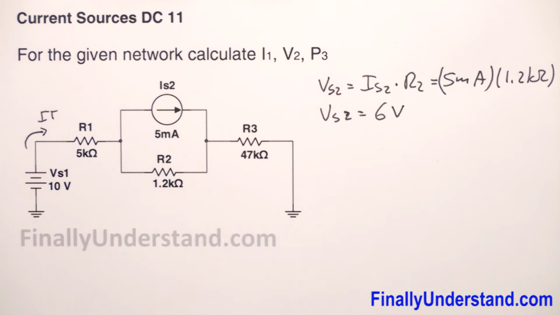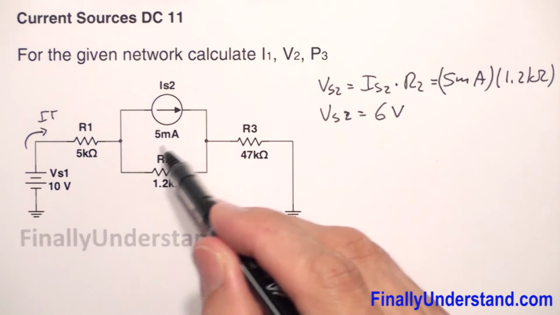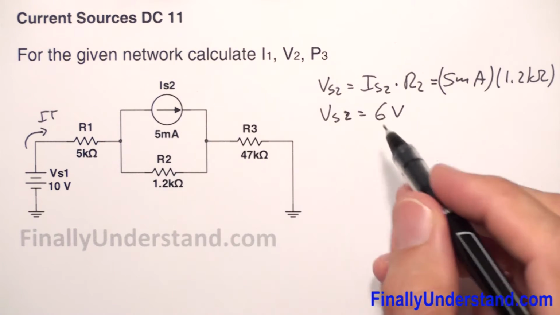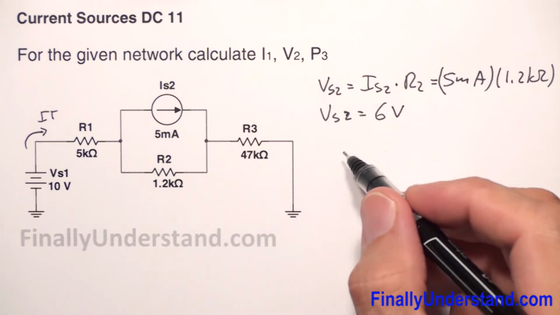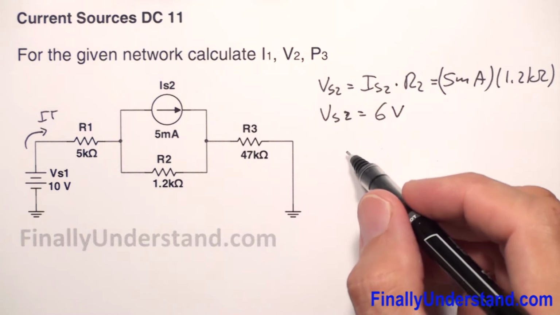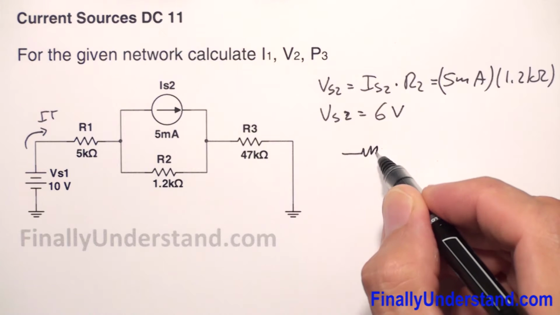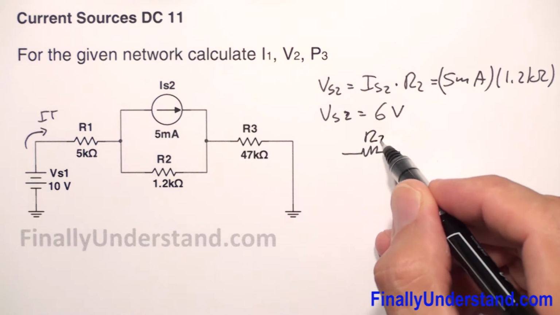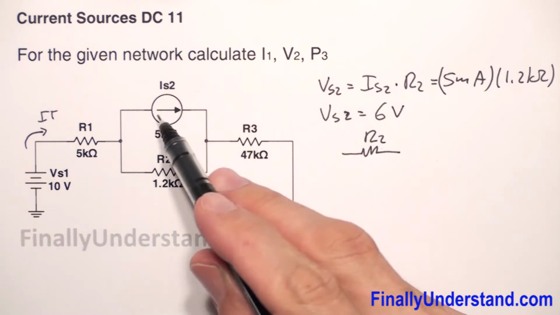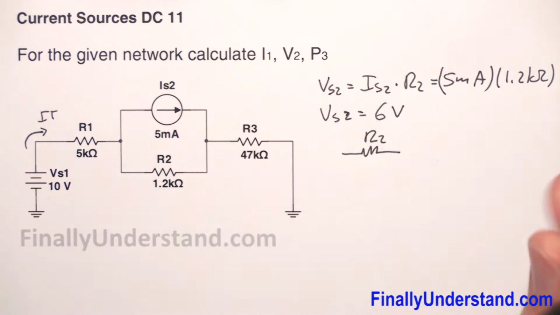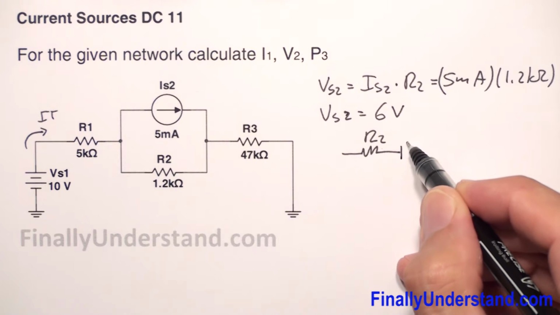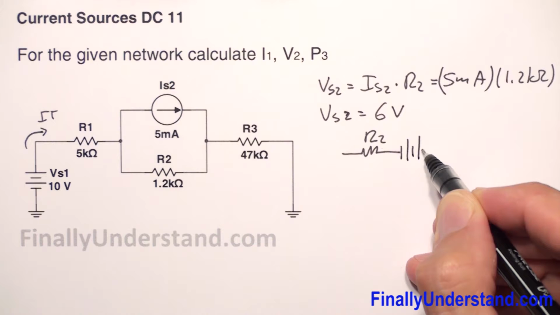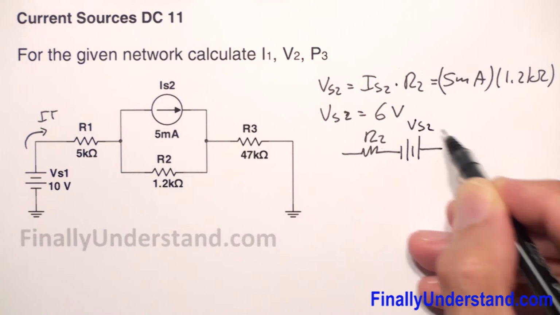Okay, so this current source I can draw like this. This is my R2, and because the arrow is pointing to the right, I would draw my voltage source like this. This is my voltage source 2.